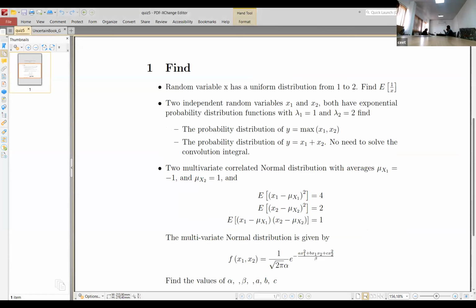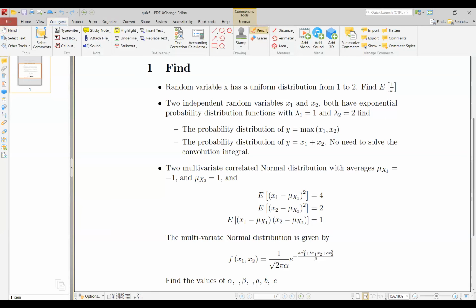For the second question, two independent random variables, x1 and x2, both have exponential probability distributions with lambda 1 equal to 1 and lambda 2 equal to 2. Of course, this was given already in the chapter and in the lectures. So I will write here, maybe easier.